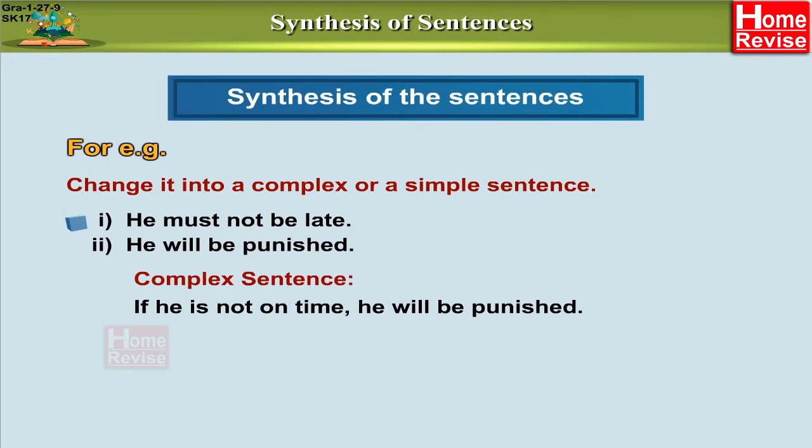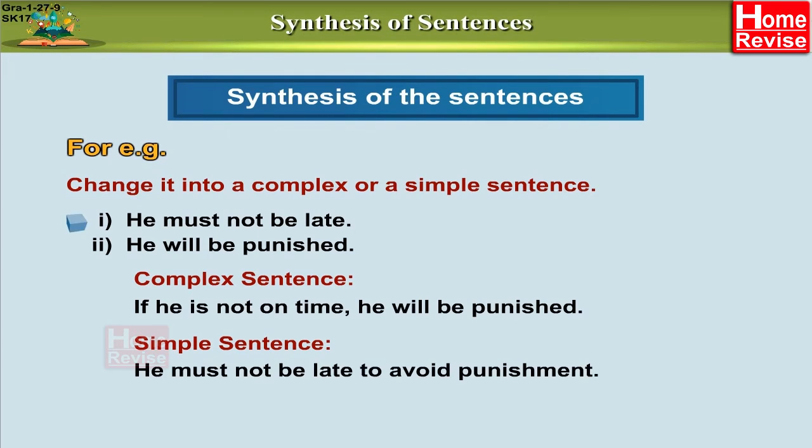Same sentence can be also combined into a simple sentence. Let's see how. He must not be late to avoid punishment. This is a simple sentence. And same sentences can be combined into a compound also. How?